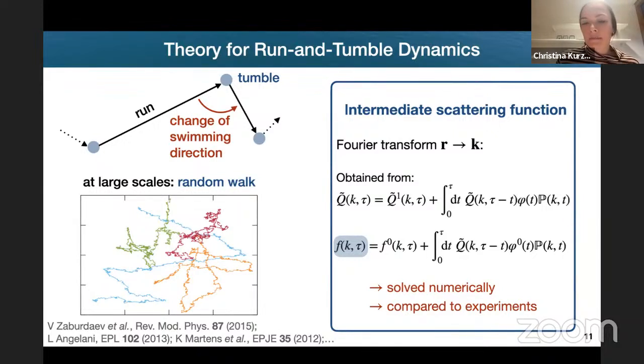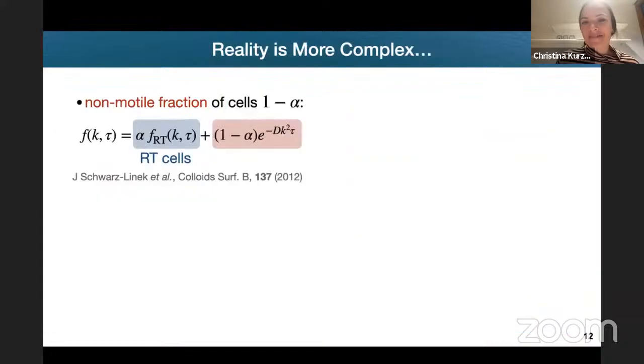Let me add to this. Reality is in fact more complex. A simple run and tumble model wouldn't do the job to really analyze this biological system. One aspect that's always important in experiments is that you will always have a non-motile fraction of cells, and this has to be included in our theory.